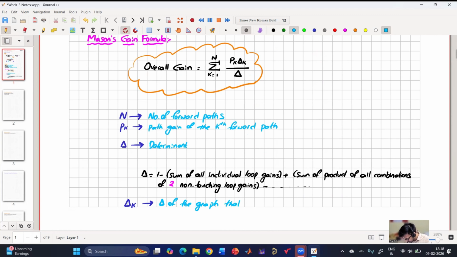Not touching the kth forward path means we have to consider all the loops that are not touching the kth forward path. The nomenclature may be slightly confusing or not clear, but once we solve one problem, it will be more clear. If you are not sure how to apply this formula, just hold on a minute, we'll solve one problem, then it will be clear.